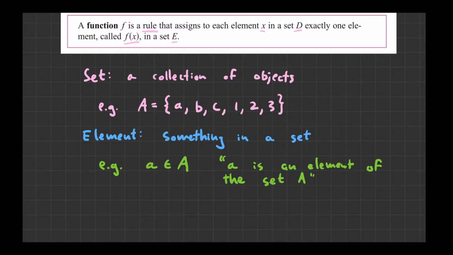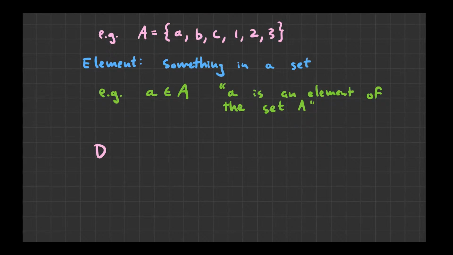So those are the words that I think we might really need to have under our belt to understand this definition of a function. But the idea of a function is that we're taking elements in a set D. The set D we call our domain. Okay, and E is where we're taking those elements.